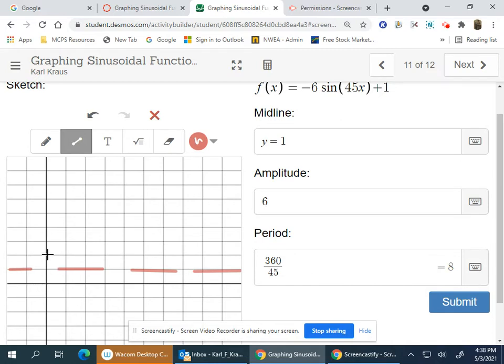And up 6. 1, 2, 3, 4, 5, 6. Should be y equals 7 there. So y equals 7. This is y equal 1. And then my min line would be -5.